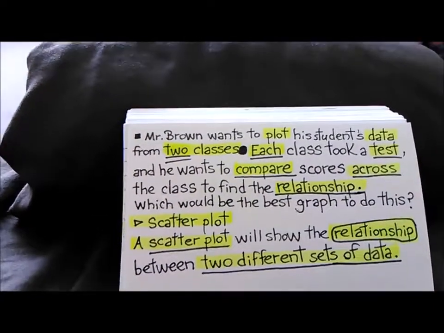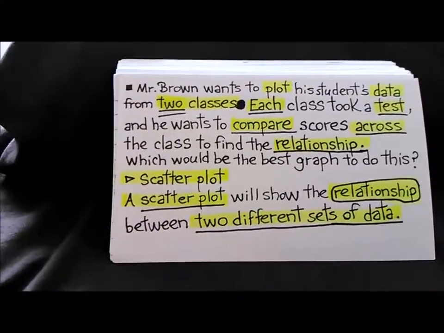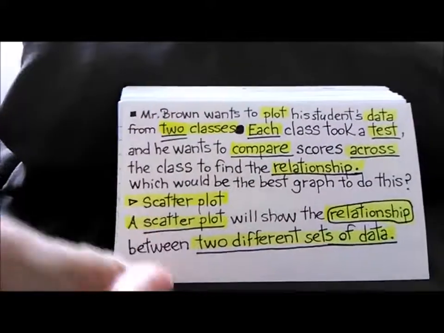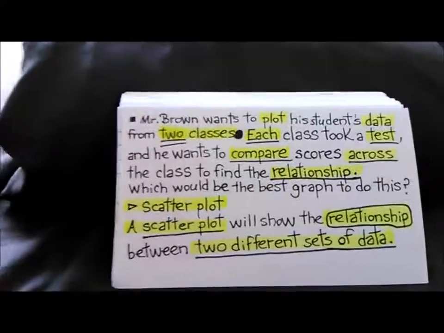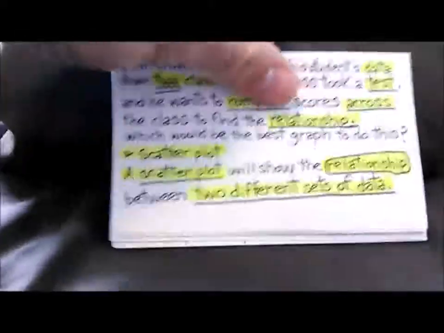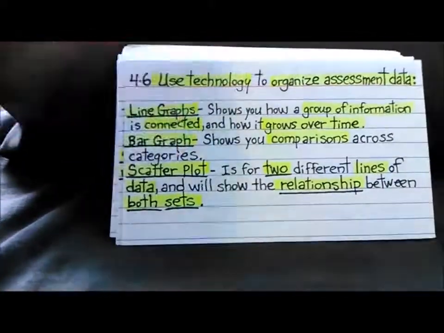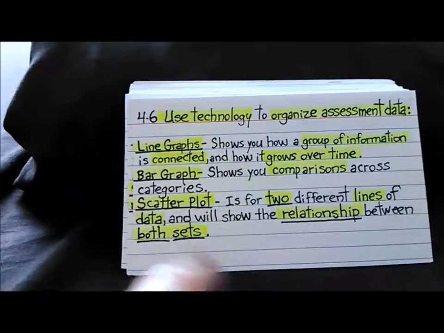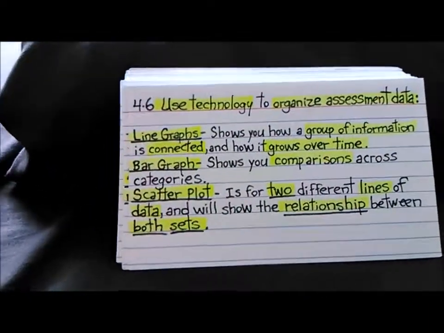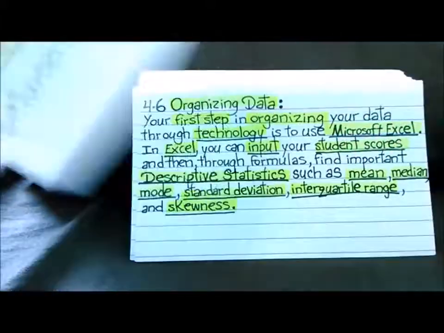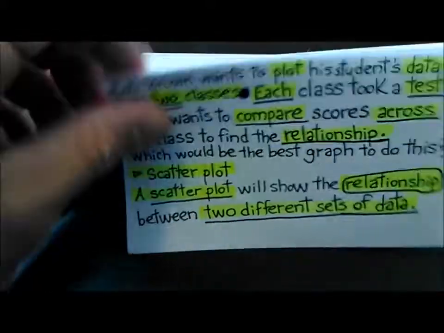Well, a scatter plot, of course, because a scatter plot will show the relationship between two different sets of data, just like we talked about right here. Scatter plot is for two different lines of data and will show the relationship between both sets. Of course, and that's what he wants to do.